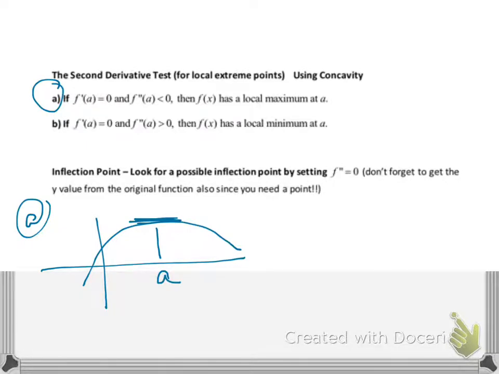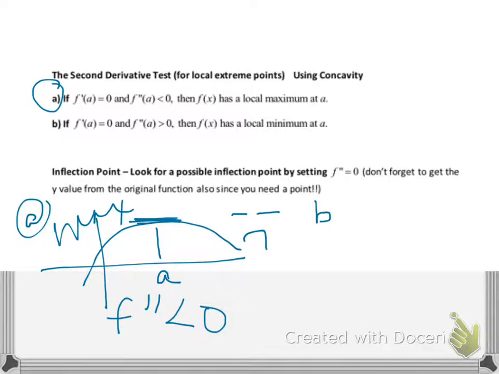So my second derivative in this case is going to be less than 0, and we know when the second derivative is negative, I am concave down, and I have just proven that I have a max.